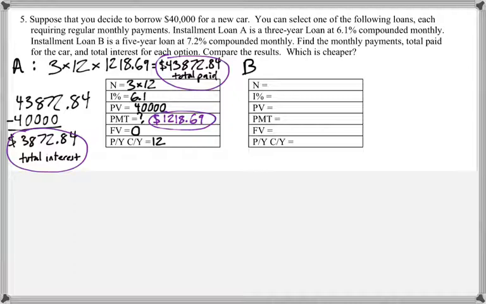So the total interest is $3,872.84. So that's option A. Now let's look at option B.